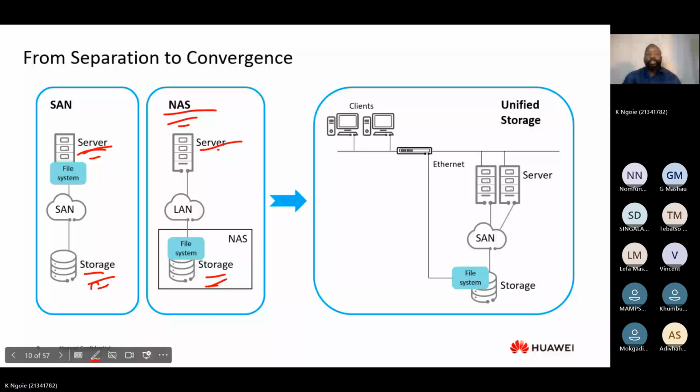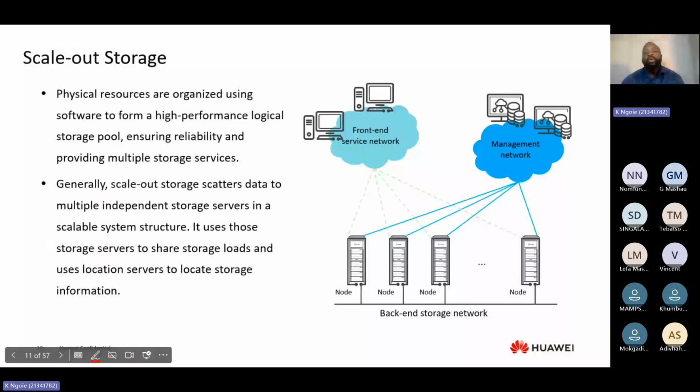Okay. So the next part will be scale out. When we talk about scale out, the way it works is that we look at multiple servers, just as the word says, to scale out.